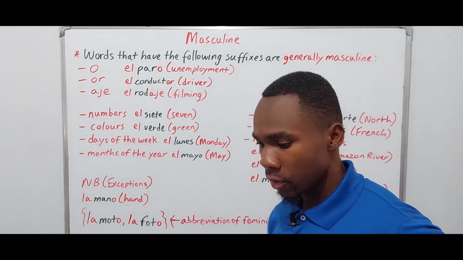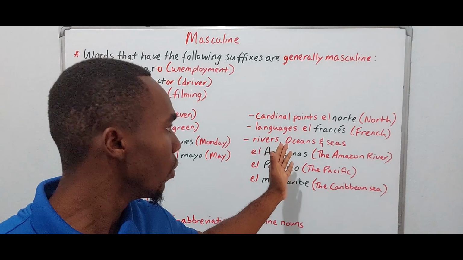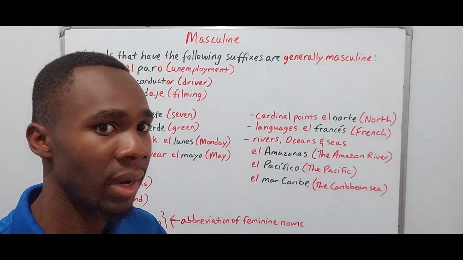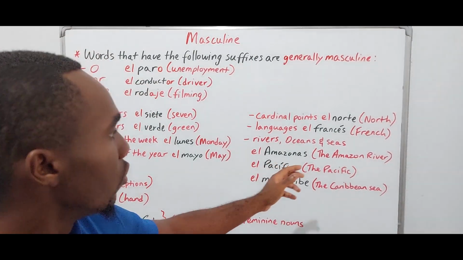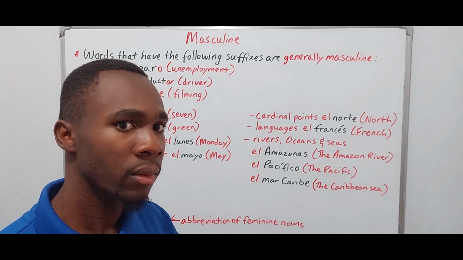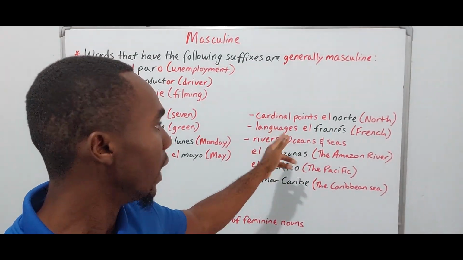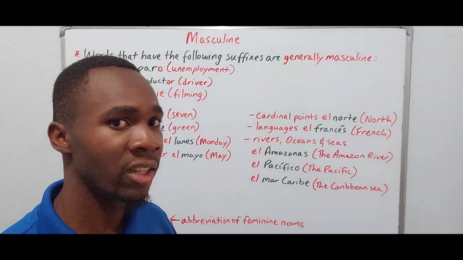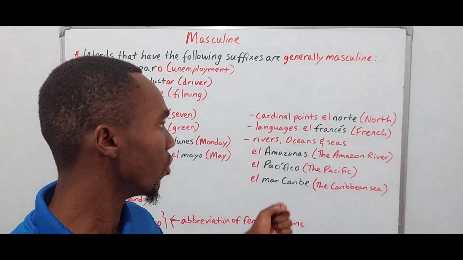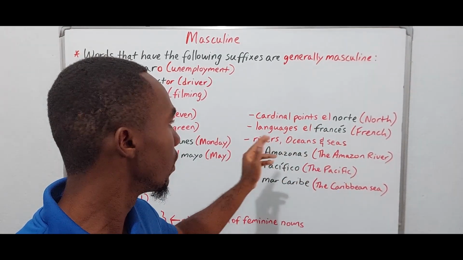masculine, okay? So if we look this side, we also have examples of words that are masculine, okay? So cardinal points are going to be masculine. El norte, north. Languages, the word for language in Spanish is idioma, which is masculine, el idioma. So that is going to be masculine. El francés, French.